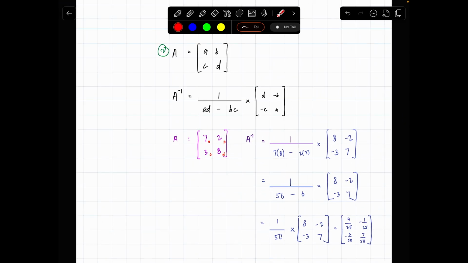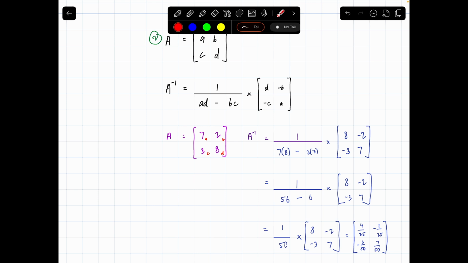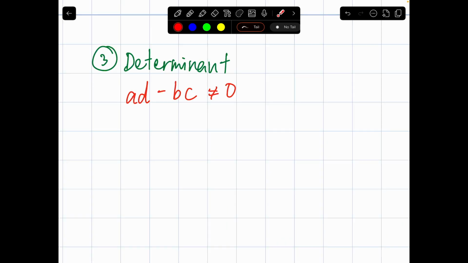You might think that this is the end of the video, but hold up. We have one last checkpoint. This is the determinant. If you remember, the equation above used a particular fraction, AD minus BC. And we know that for a real number, the bottom part cannot be equivalent to 0.